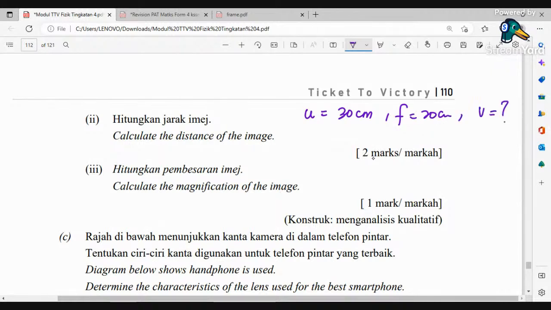You want to find V. Means lens equation. 1 over F equals 1 over U plus 1 over V. So 1 over V equals 1 over 20 minus 1 over 30 equals 1 over 60. So we get V ialah 60.